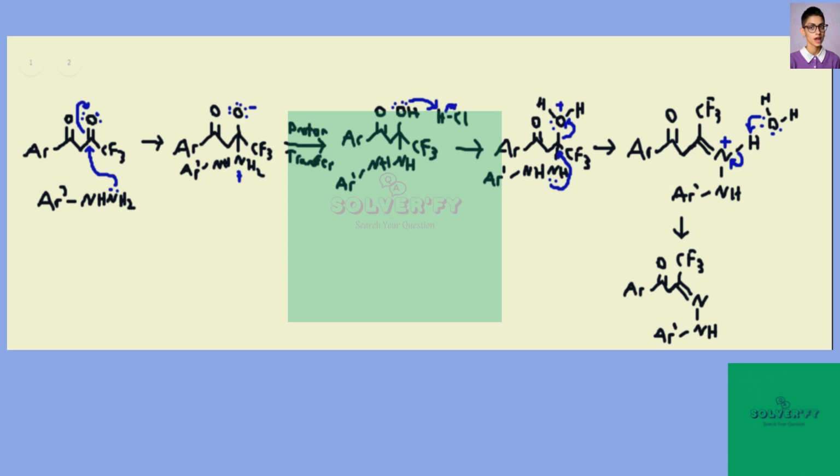Okay. And so from here, what can happen is we're going to form our third ring, and that is going to be accomplished by this lone pair on this bottom nitrogen attacking this ketone. And that is going to form a 5-membered ring.